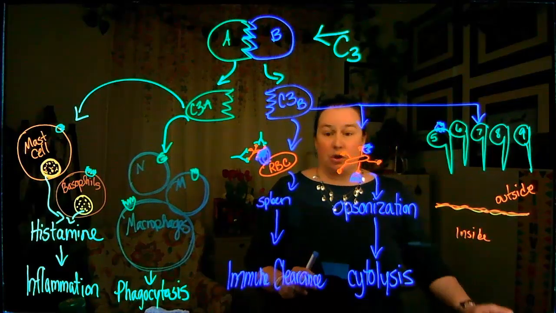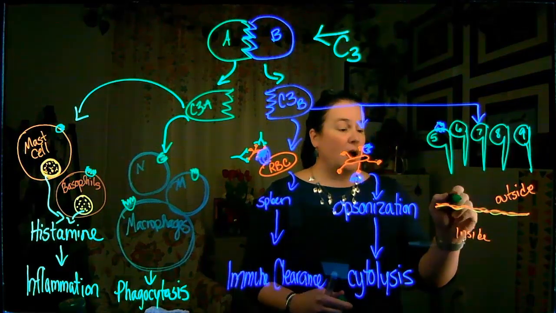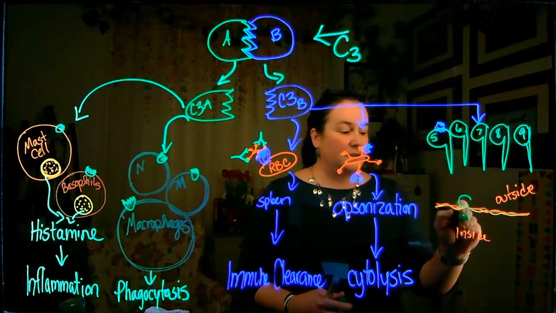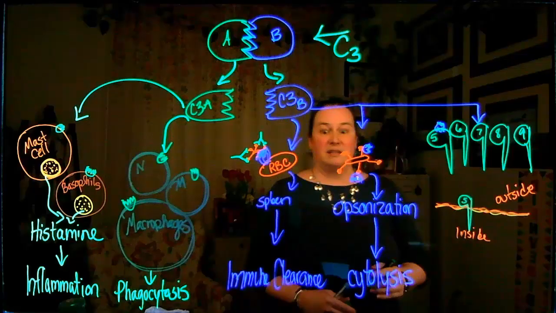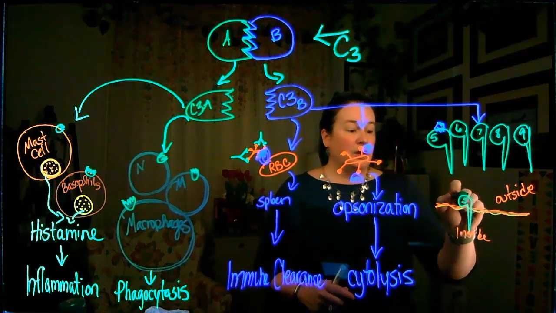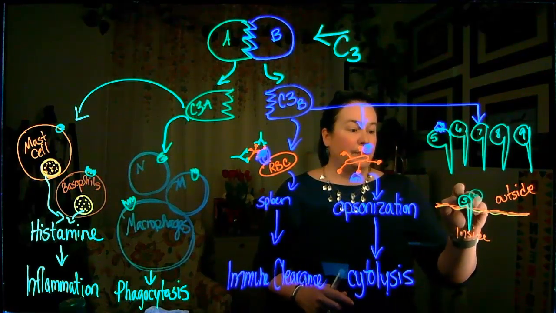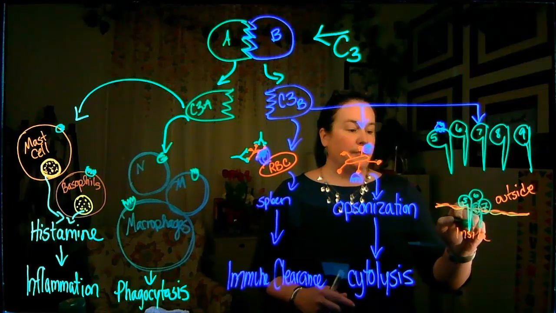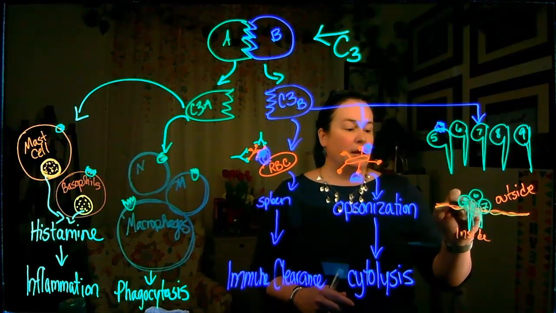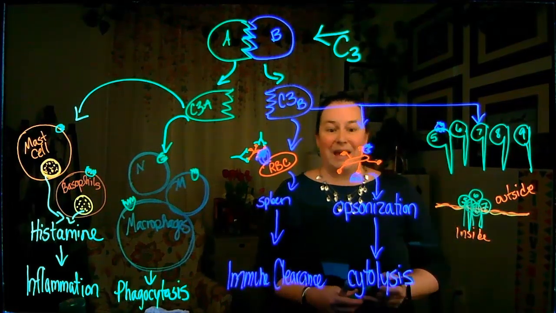to complement 5, it activates complement 5, and complement 5 spears itself through the membrane into this cell. That triggers complement 6 to join, which triggers complement 7 to join, which triggers complement 8 to join, which triggers complement 9 to join. So what we get is this little rosette.